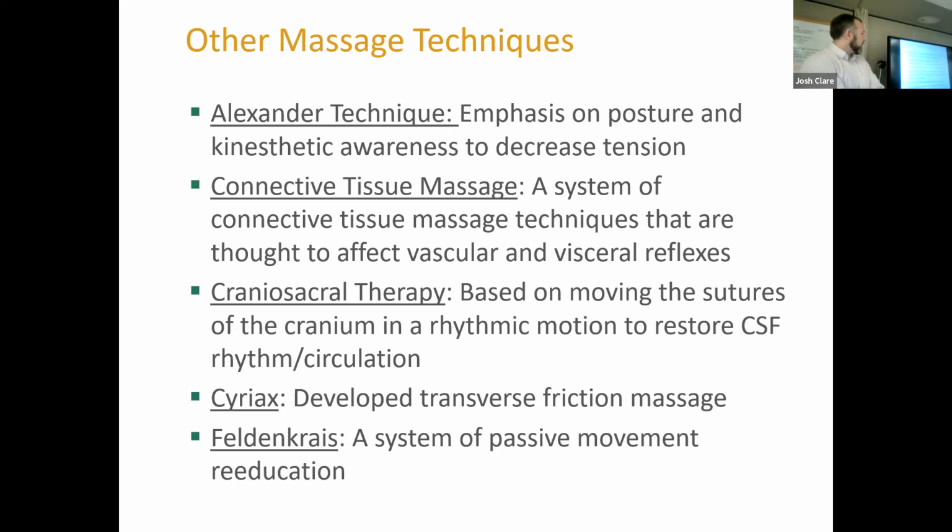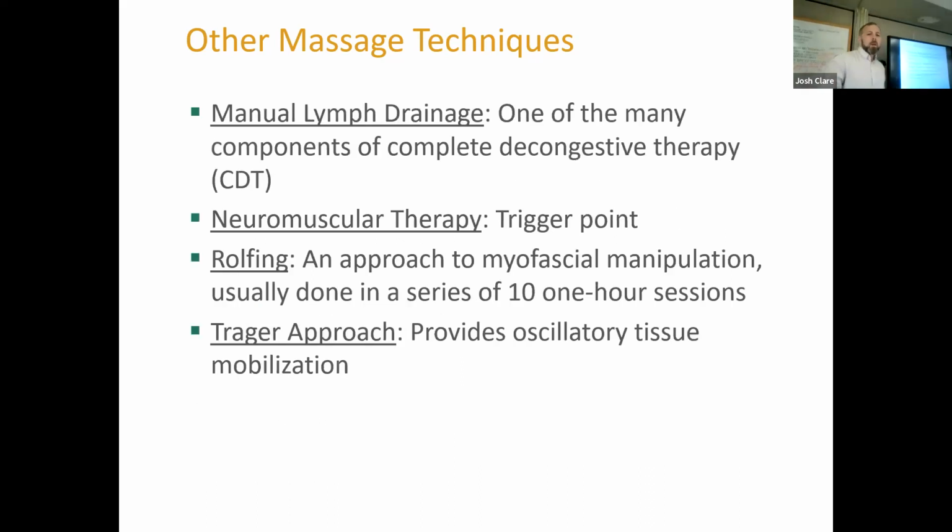Cyriax developed the transverse friction massage. Feldenkrais is a system of passive movement re-education. Manual lymph drainage, we did talk about in first semester. Neuromuscular therapy, more of the trigger point. Rolfing, the approach to myofascial manipulation done in a series of 10 one-hour sessions.